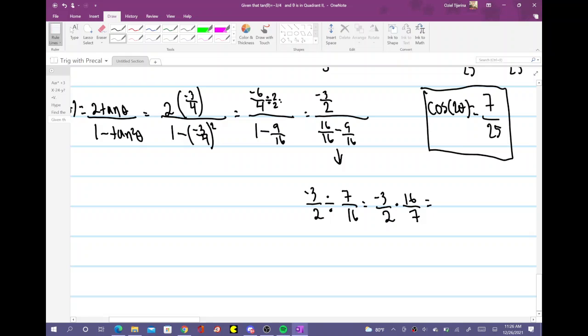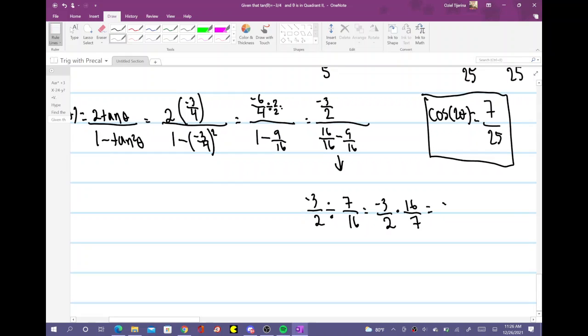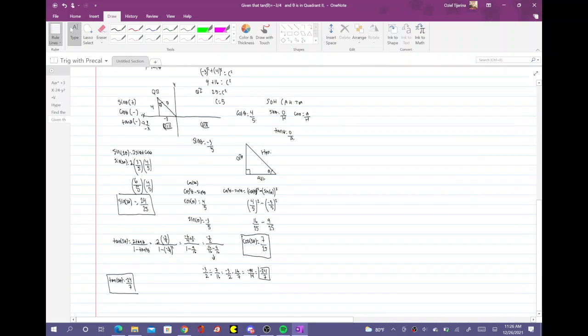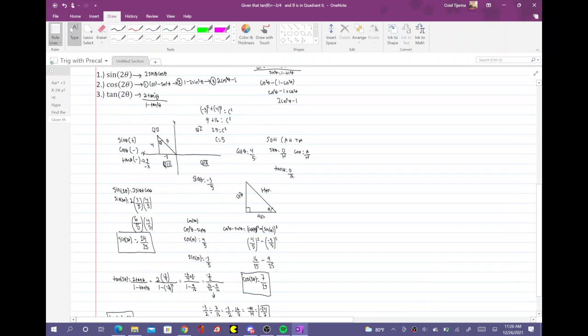Really, the way that you would do it, 3 times 16 is 48, and this reduces to -24/7. So tan of 2 theta equals -24/7. Okay, guys, so that is how you do that problem.